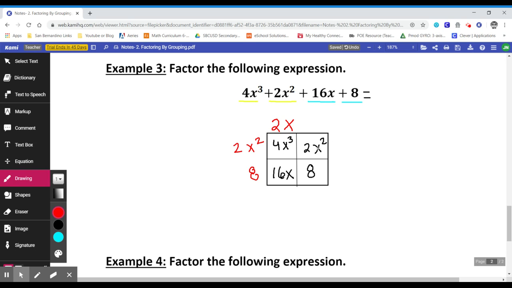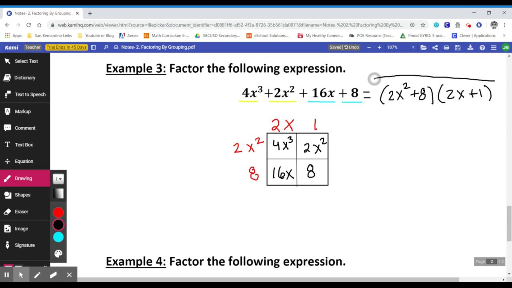Okay, the next one. So what do we multiply 2x squared to get 2x squared? Well, that answer would just be a 1. So then 8 times 1 will give me 8. So I think we're set. All you have to do now is write the answer. So this is the equivalent of the binomial 2x to the power of 2 plus 8 multiplied by 2x plus 1.